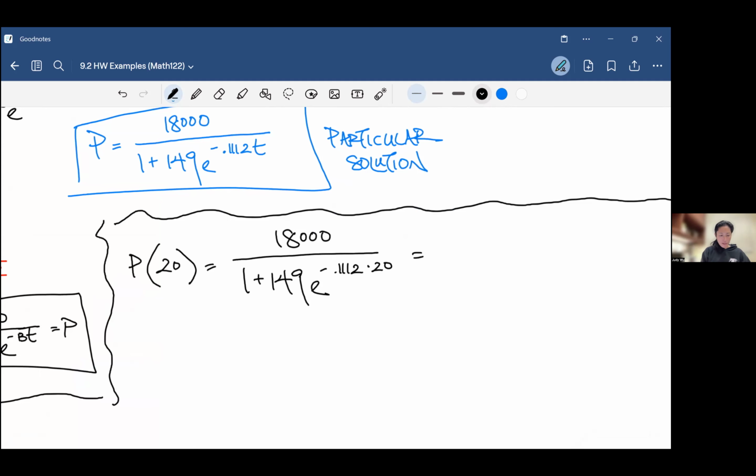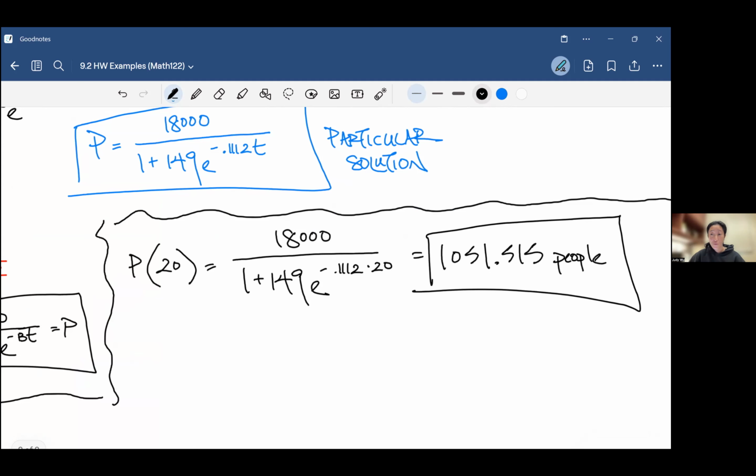And I'm going to carefully plug that all into the calculator. And I get 1,051.515 people are infected after 20 days. Okay. Now, the trickier part: I've got to find out when half the number of people will be infected.